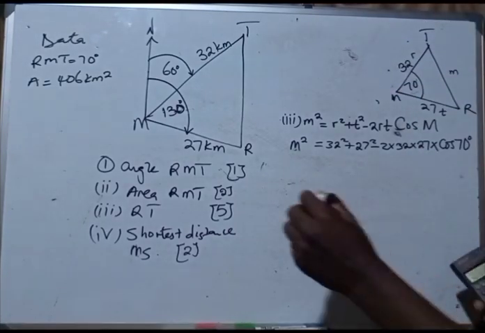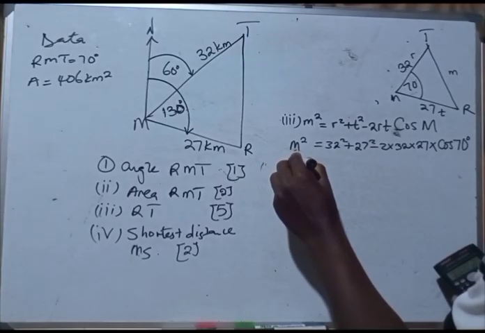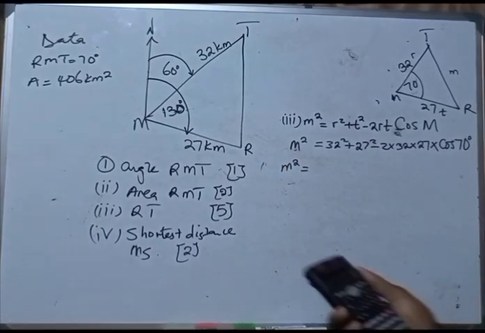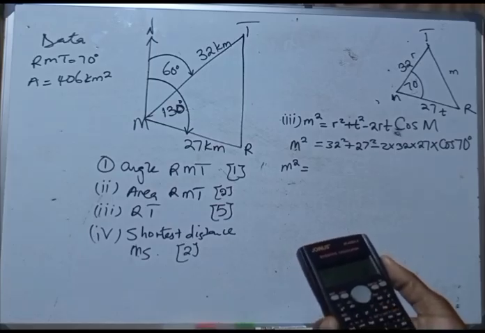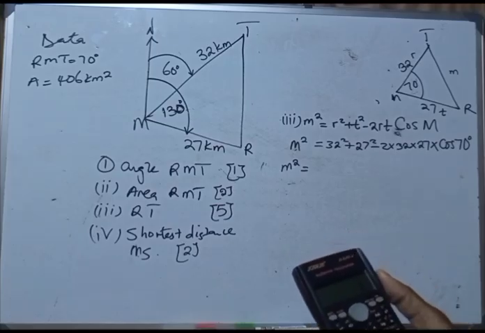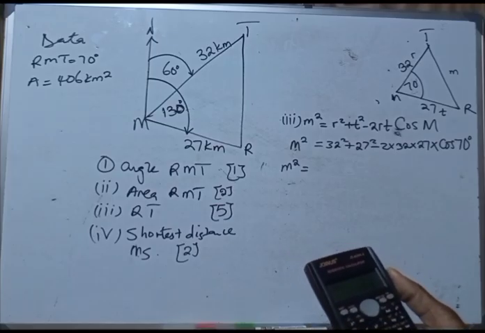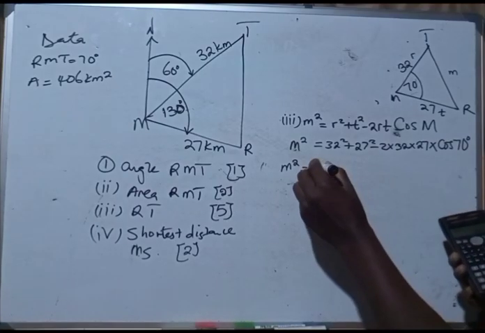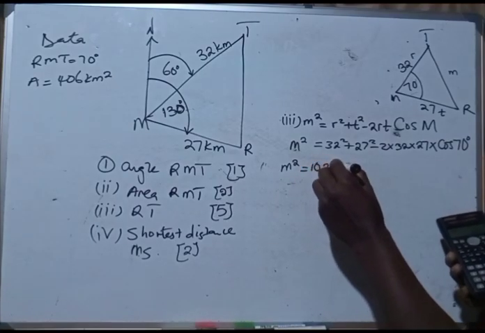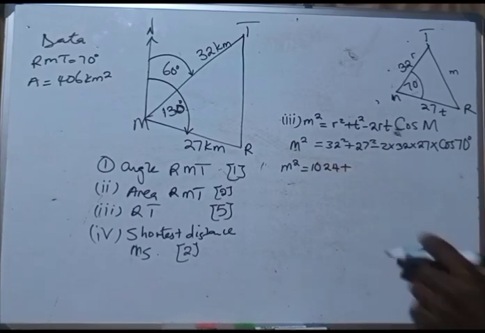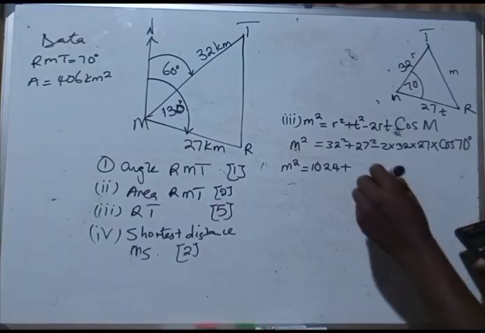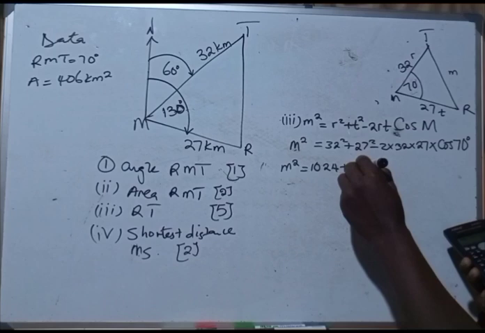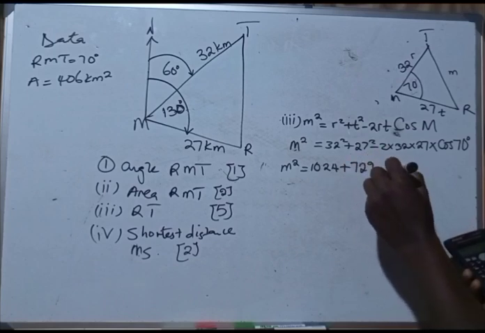Okay, then thereafter, what is 32 squared? Again, you get your calculator and you punch 32 squared. The answer we are getting is 1024 plus 27 squared. 27 squared, we are getting 729.